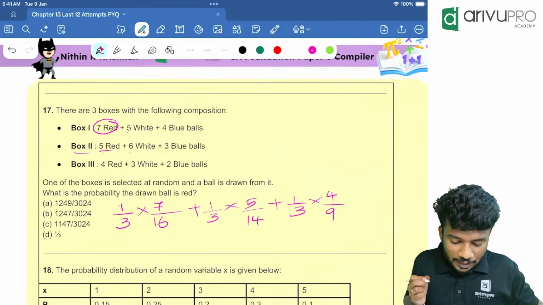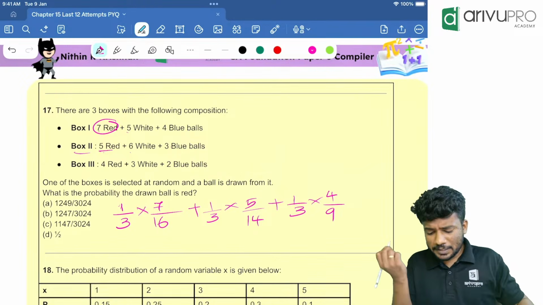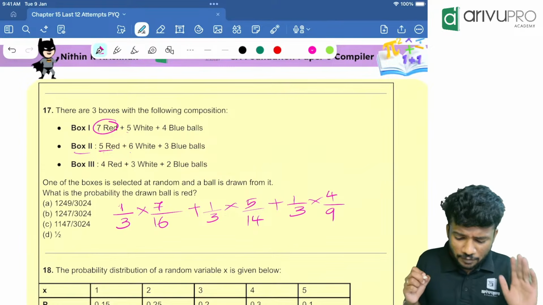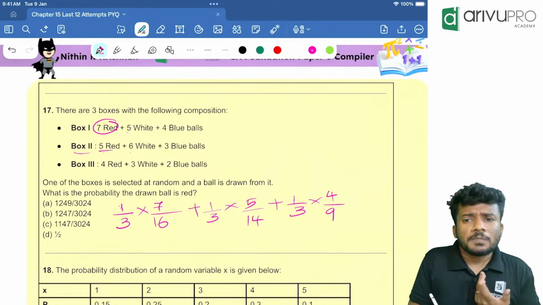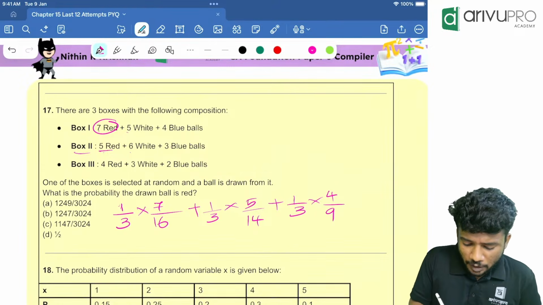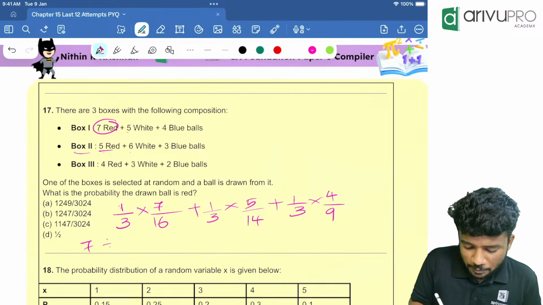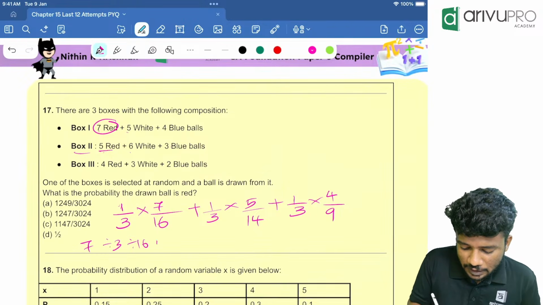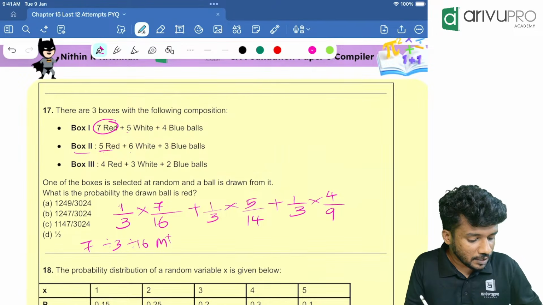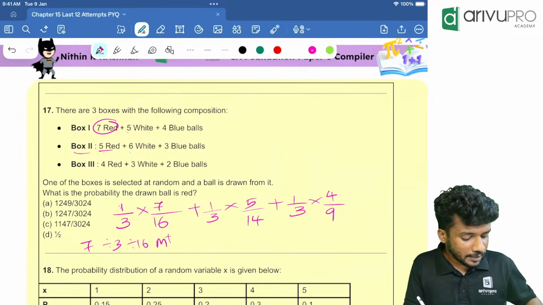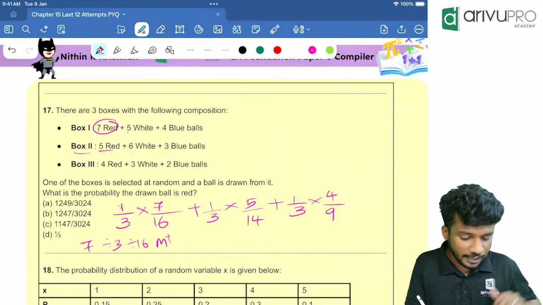So how are you going to calculate this? Multiple methods can be used. Whichever method you are comfortable with, use that. I am using my method. Clear the memory first. 7 divided by 3, then divided by 16, click M plus.